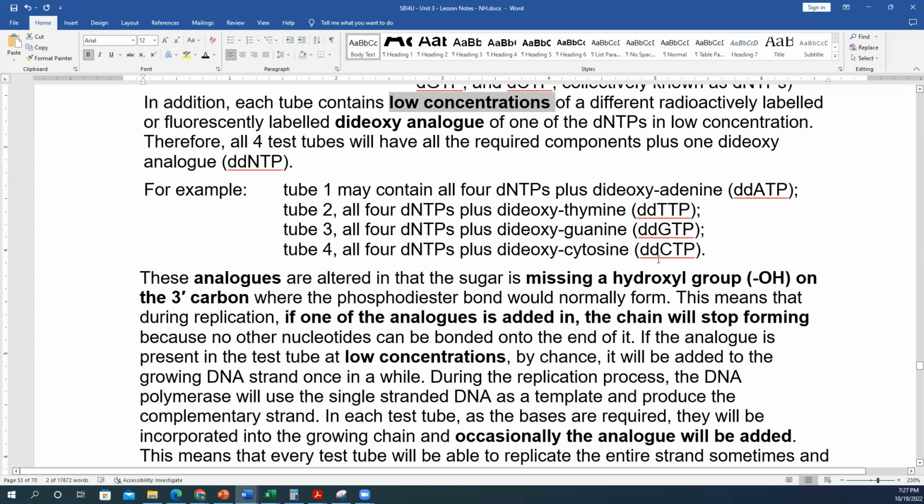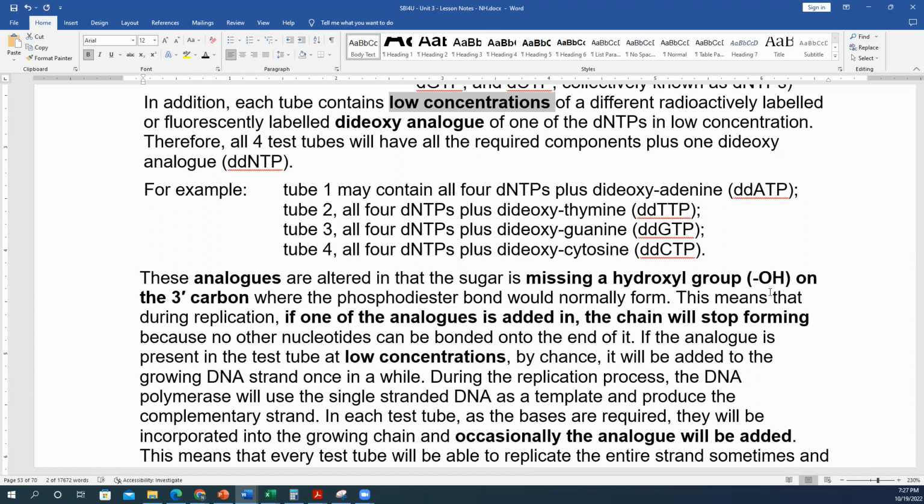What's important about these analogs, each tube only having one type of them, is that these analogs are different in that their sugar is missing the hydroxyl group on the 3rd carbon. And the 3rd carbon is where that phosphodiester bond would normally form as you are extending your chain during replication.